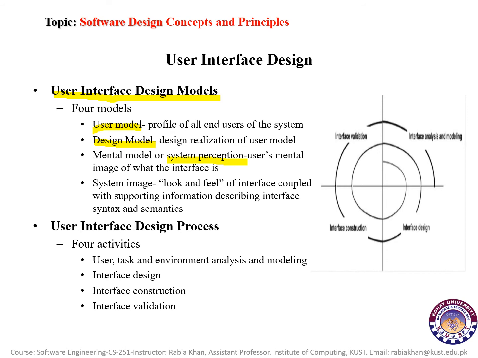The third model is the system image. The system image combines the outward manifestation of the computer-based system coupled with all the supporting information such as books, manuals, videotapes, help files, etc., that describe system syntax and semantics.